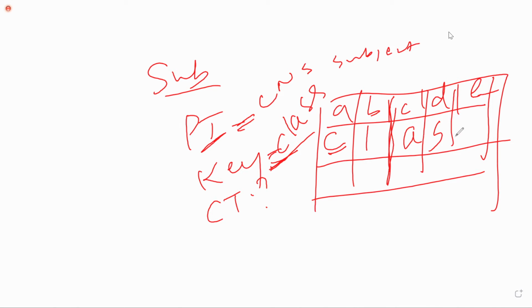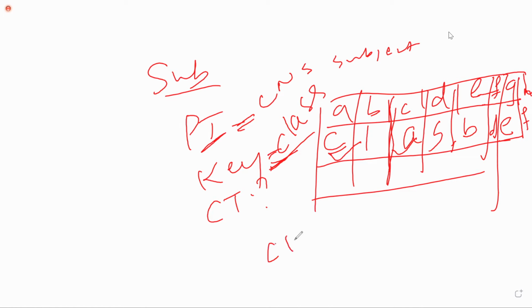C, L, A, S. Then we write the sequence of the remaining alphabets. We need to start with A, but A is already used, so we write B. Here we are supposed to write C, but C is already used, so we write D. Then E, and in place of H we write F, like this. Like this we give the permutation for a given key.